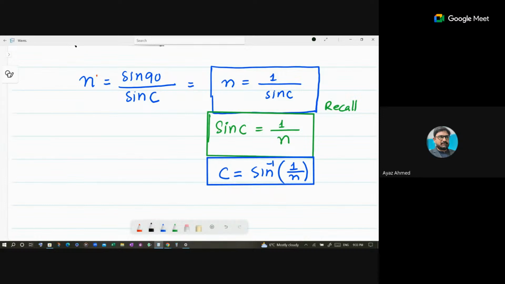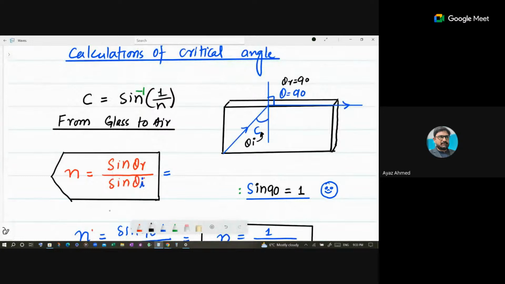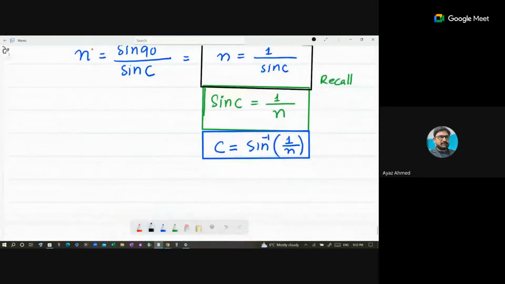For example, I'm coming back to the diagram that I have drawn for you. Let's say its refractive index is 1.8. This is the medium whose refractive index is 1.8. So what will be the critical angle?